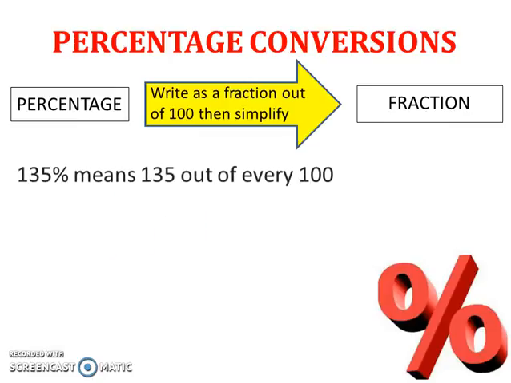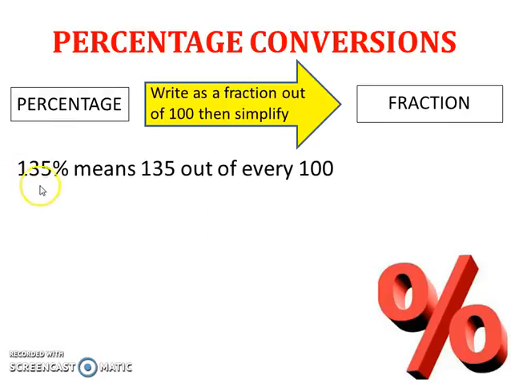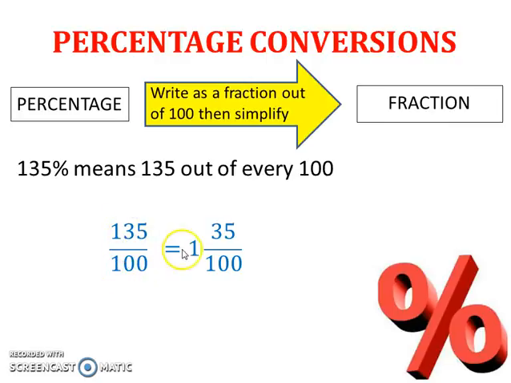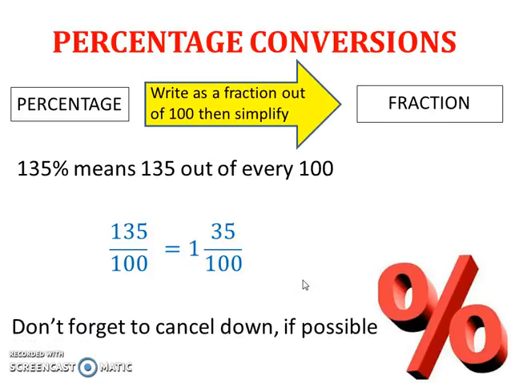Okay, another example where I've got 135%, so 135 out of 100. So without a calculator you can take the 100 away and you've got one whole, and then to simplify this we would need to divide the top and bottom by 5. So you get 1 and 7 out of 20.